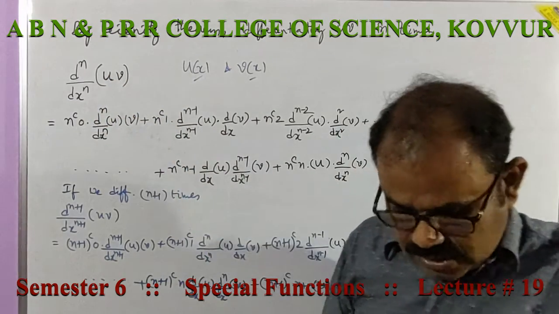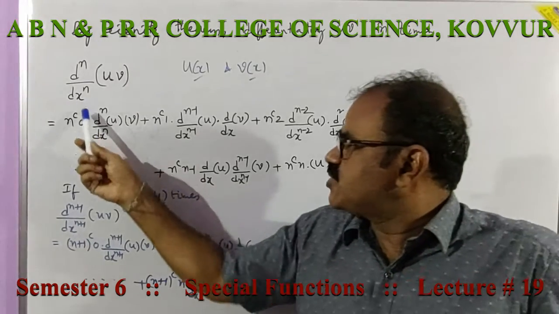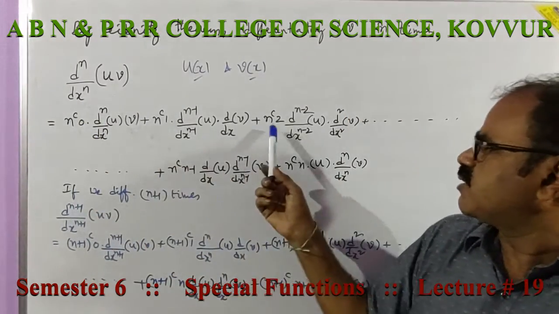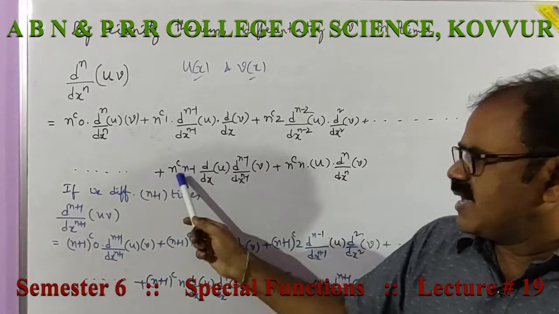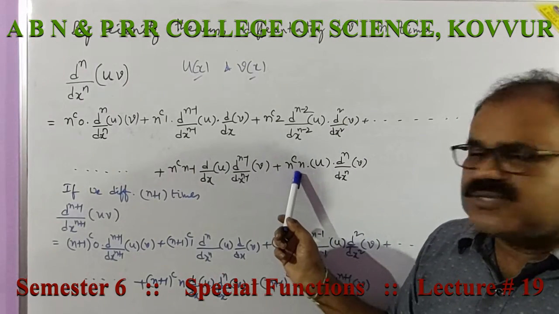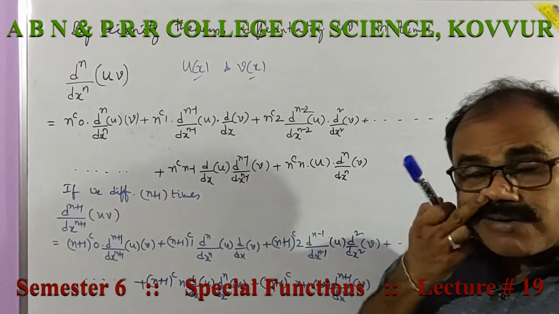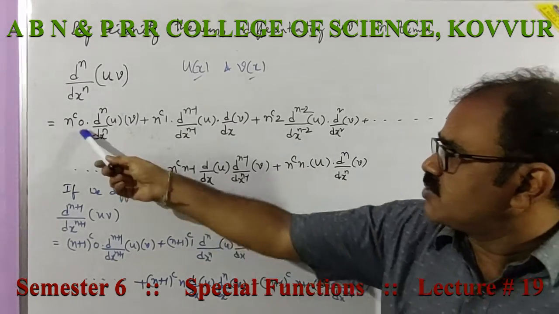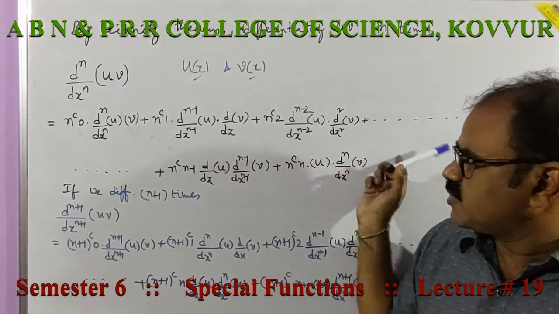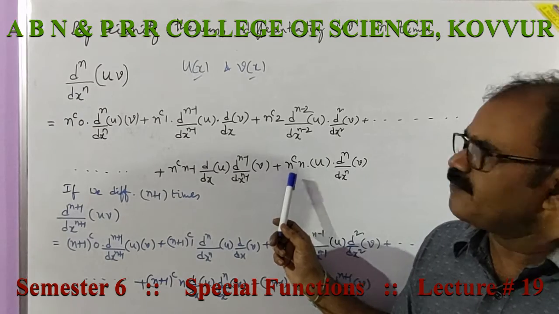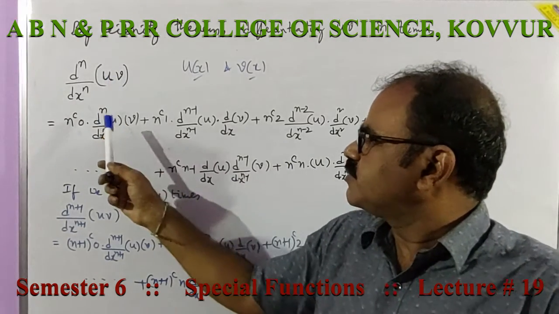That can be written, as per binomial coefficients, as nC0 plus nC1 plus nC2, and so on, up to nCn minus 1 and nCn, the last term. So totally in the expansion you will have n plus 1 terms: nC0, nC1, nC2, nC3, nC4, nCn minus 1, at last nCn.